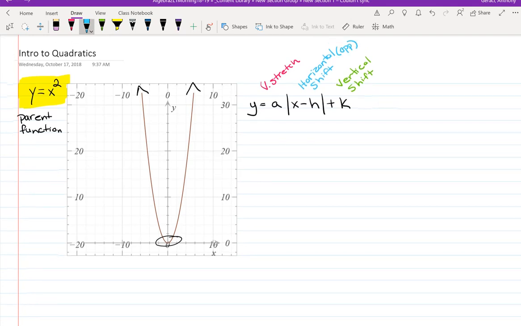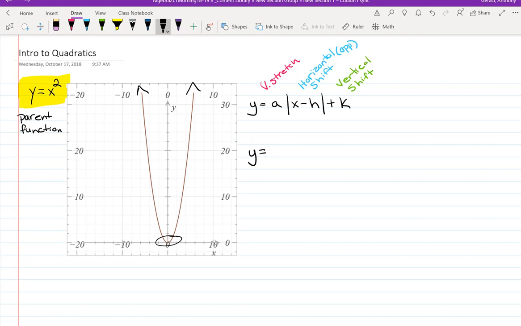So this was very similar, because if I write the other one for quadratics, it looks like this. Everything's the same. The only thing that actually changes is, instead of it being an absolute value function, it is now a function that I'm squaring.